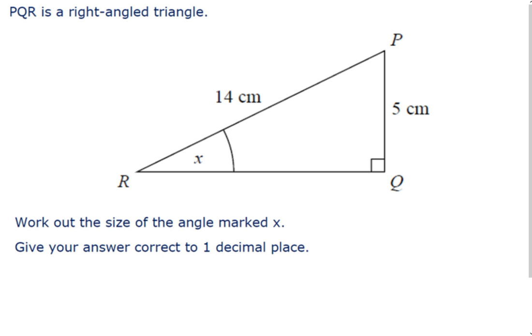Okay, PQR is a right angle triangle. Work out the size of the angle marked X. So again, opposite the right angle is the H, opposite the angle is the O, that's your A. So here we've got O and H, so we're going for sine. Now in this case, we're going sine minus 1. And that minus 1, I want you to think of it as being sine of which angle?